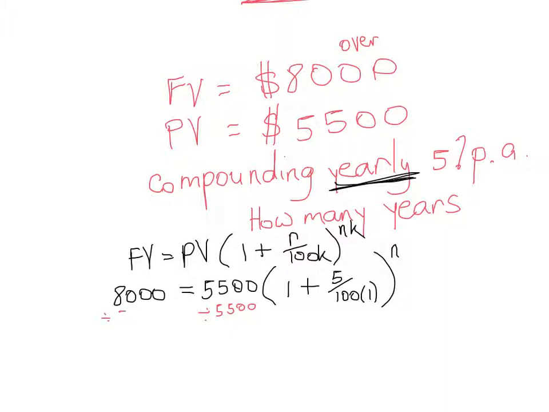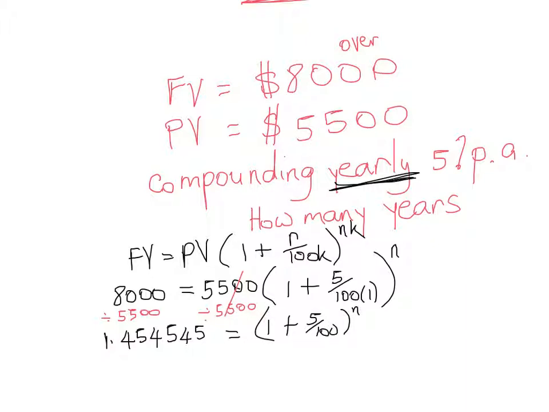Alright, so on the left side, 8,000 divided by 5,500 will give you 1.4545 equals 1 plus 5 over 100 to the n.